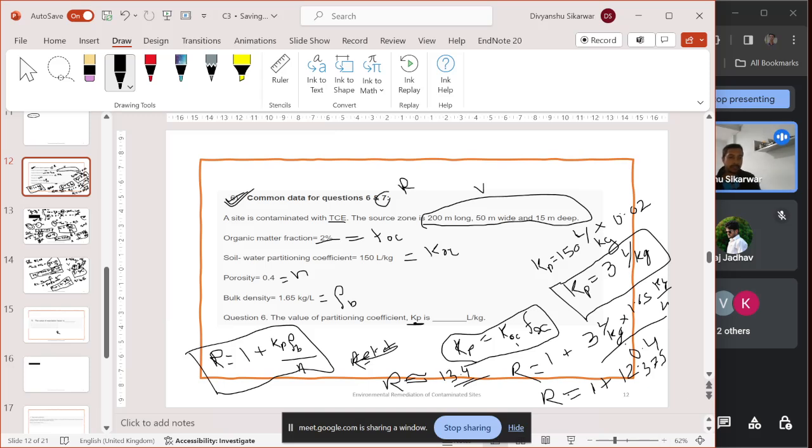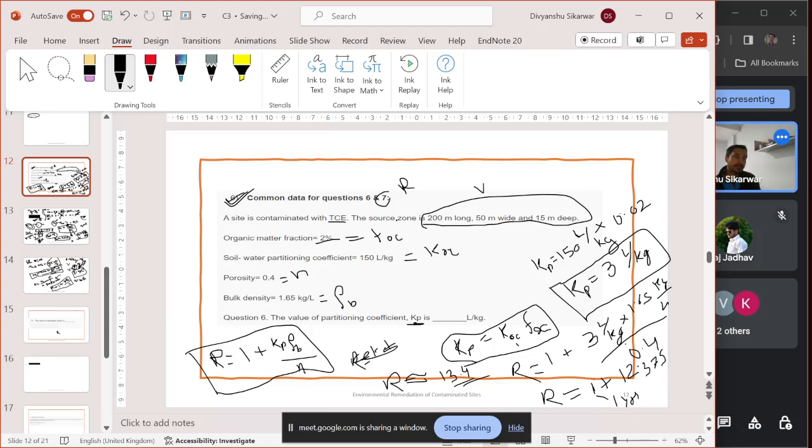So if we try to understand this retardation factor, like 1 plus 12.375, if we take this one as 1 year, then because of the adsorption of this TCE, because this part is the adsorption part, there will be 12 times more time required for the removal.